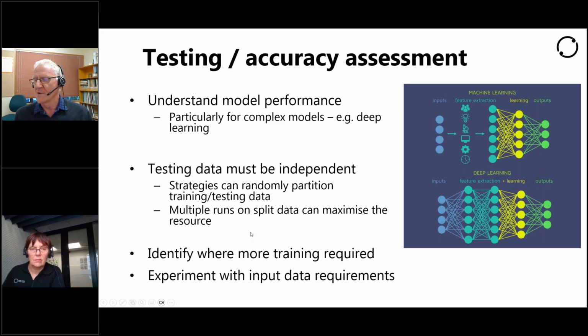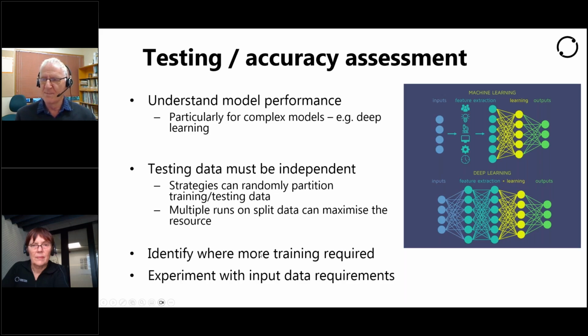For instance, if you've got two classes that are not separating out well, you might need to add some training data for those two classes. And you can also experiment with the type of input data or the amount of input data that you require, and perhaps reduce some of the input data requirements or discard some input data, particularly where it's correlated with other input data that you're already using.